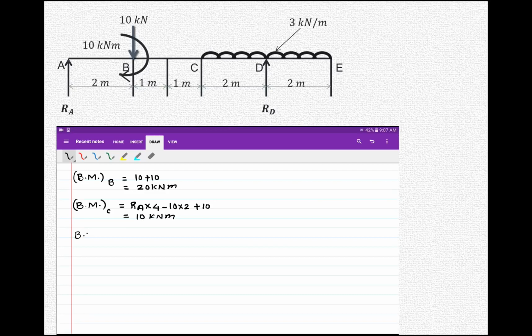So this Ra will produce clockwise moment about this C, so that is positive. This 10 kilonewton will produce anti-clockwise moment, so that is negative, and this 10 kilonewton meter is already present over here and it is in the clockwise direction, so that is positive.